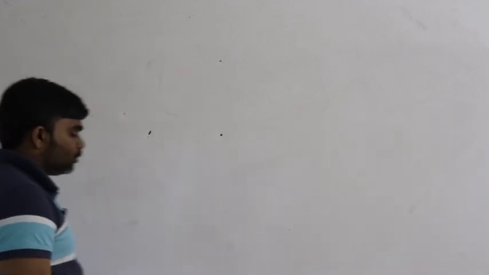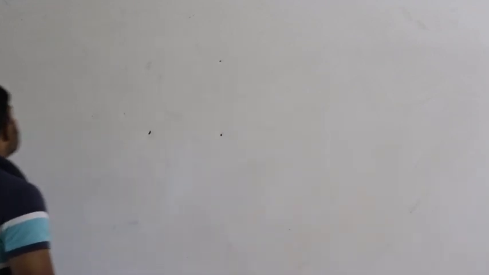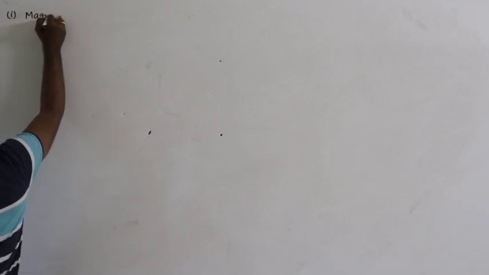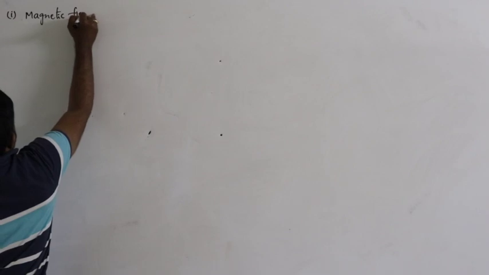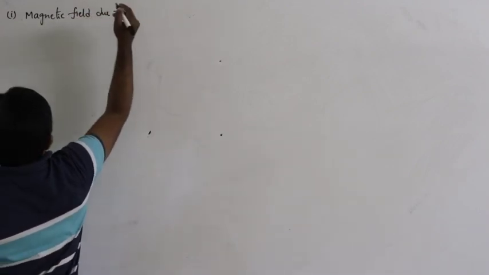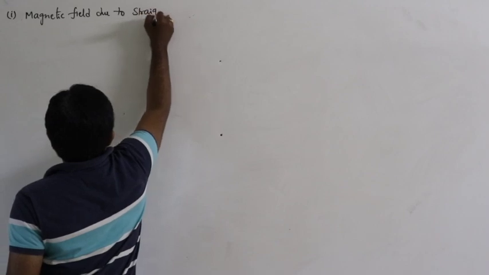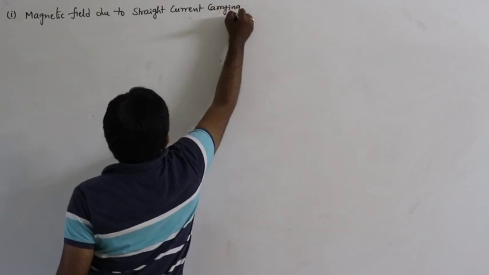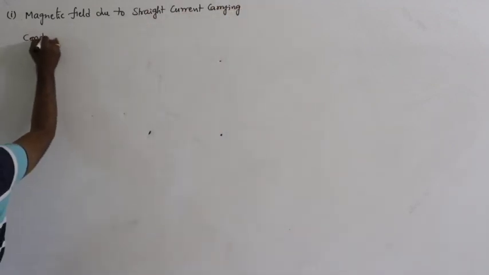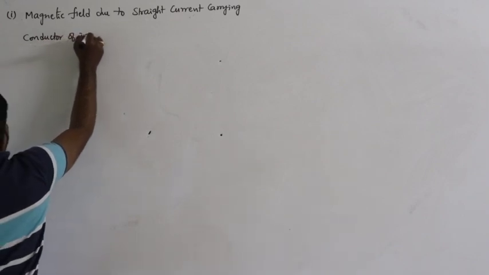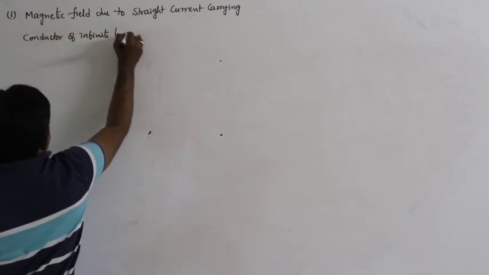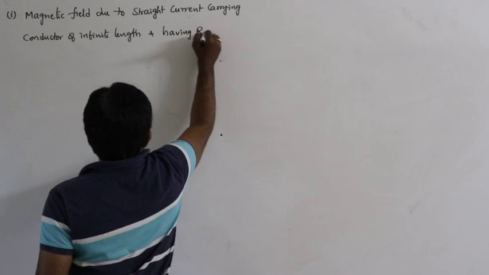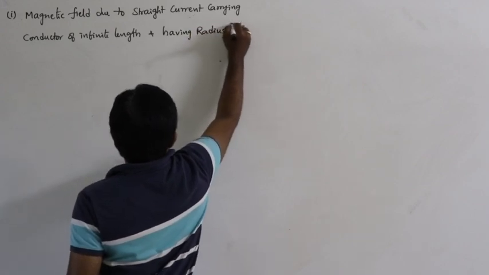So next, come to the applications of Ampere's law. First, magnetic field due to a straight current carrying conductor of infinite length and having radius r.